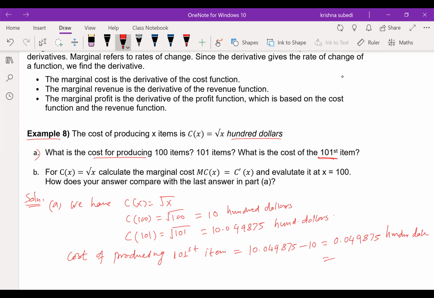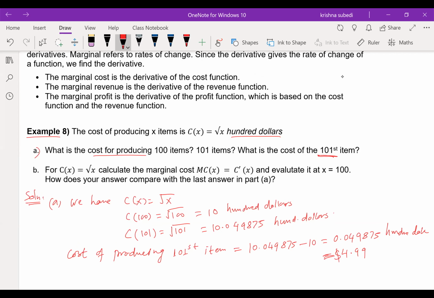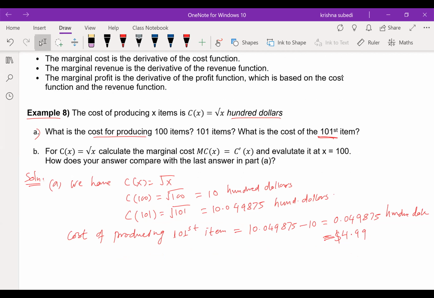If you want to change that into dollars, you just multiply that by 100, and you're going to get 4.9875. I would go with $4.99. That is the cost of producing the 101st item.